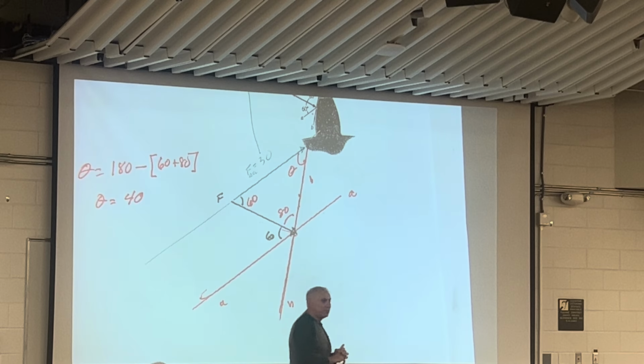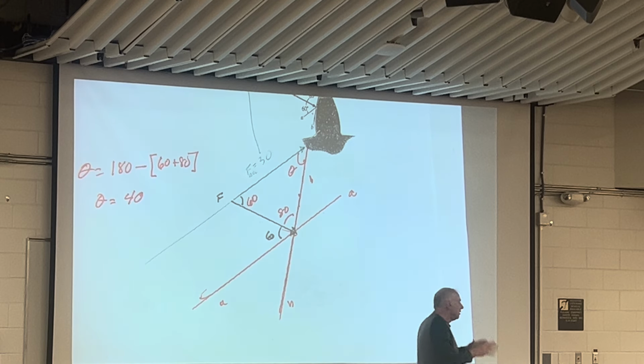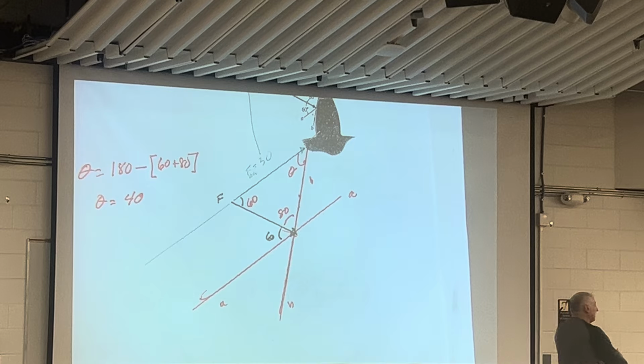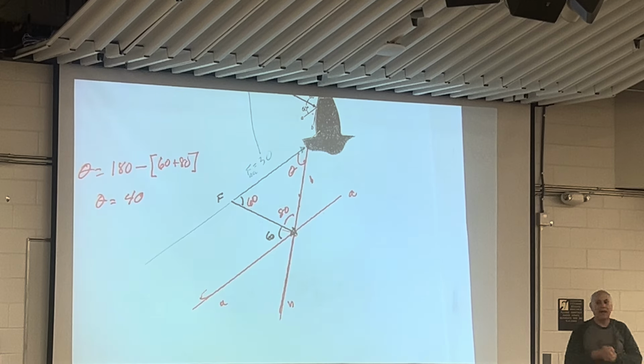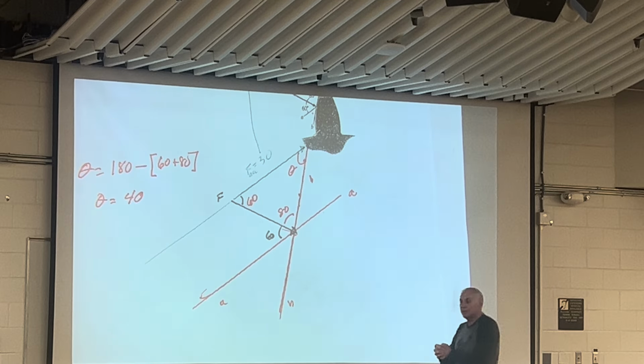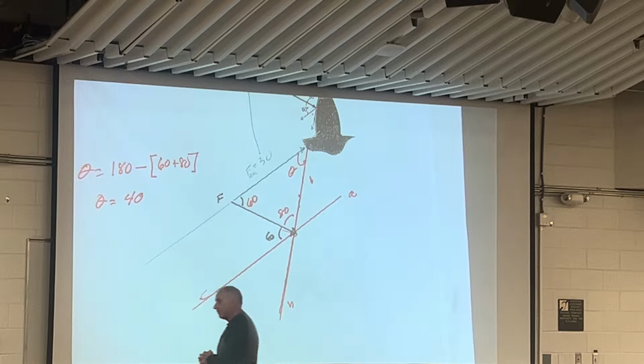What does that lead me to? Law of sines. Any resolution problem is a law of sines problem. Any resultant problem is a law of cosines. Just so you know.